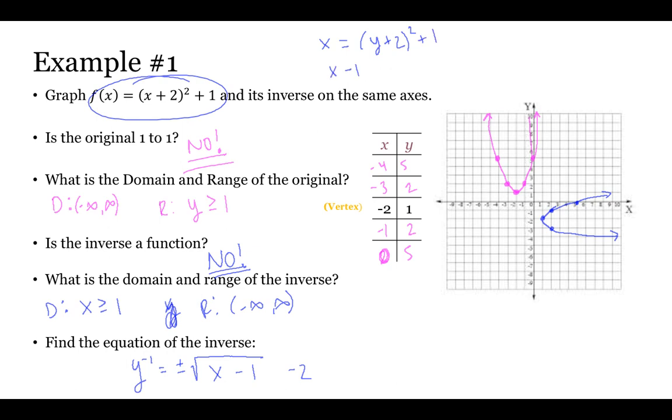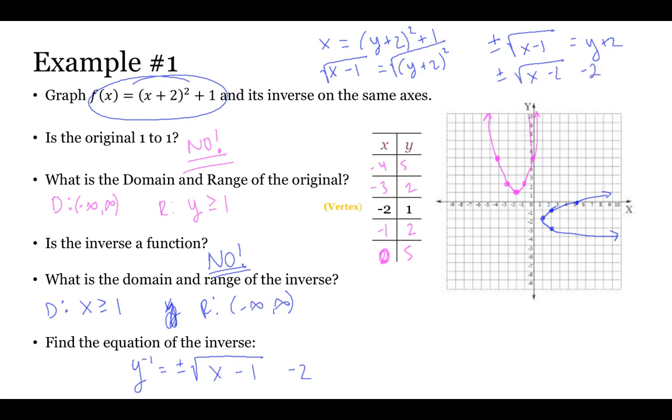Subtract 1: x minus 1 equals y plus 2 squared. When you go to take the square root in this step, I was the first person that wrote that. It was not already there. Therefore, it is plus or minus the square root of x minus 1. I want the positive, the plus, and the minus, right? Equals y plus 2. And then finally, I would have to subtract 2. And that's where I would get this.